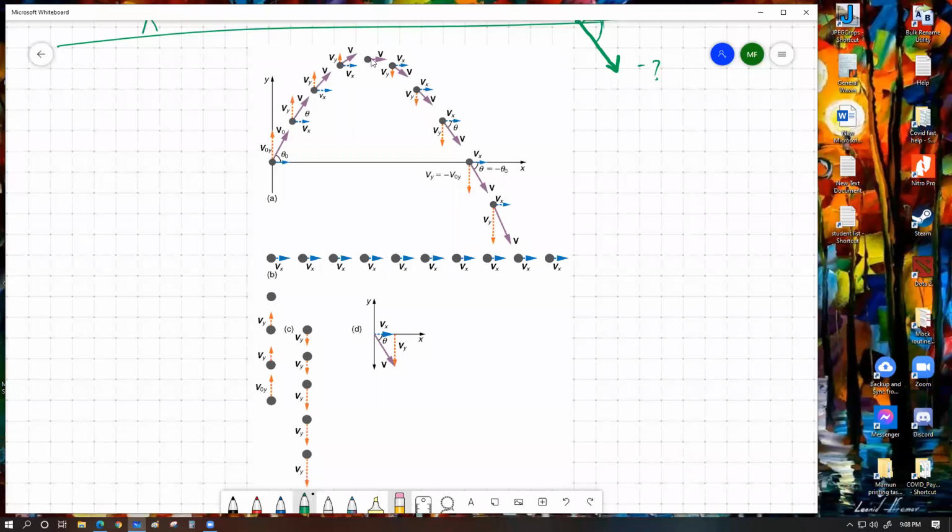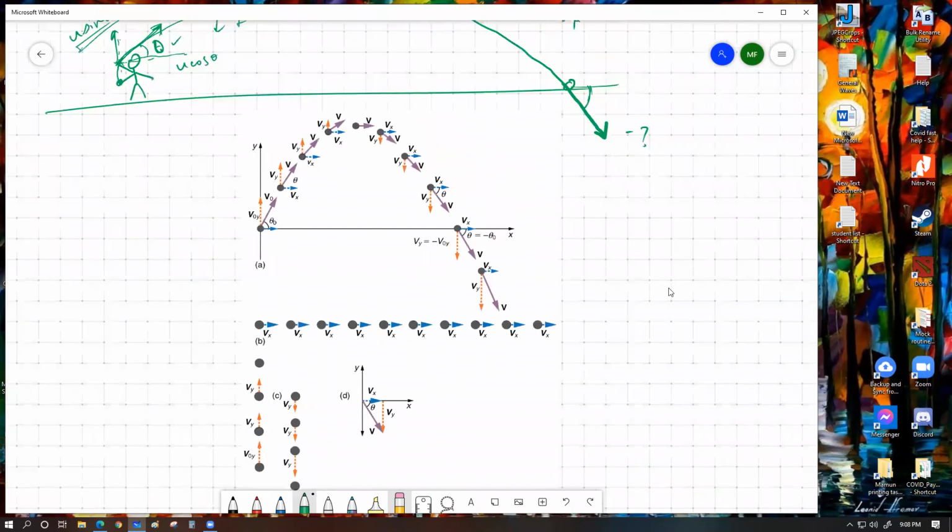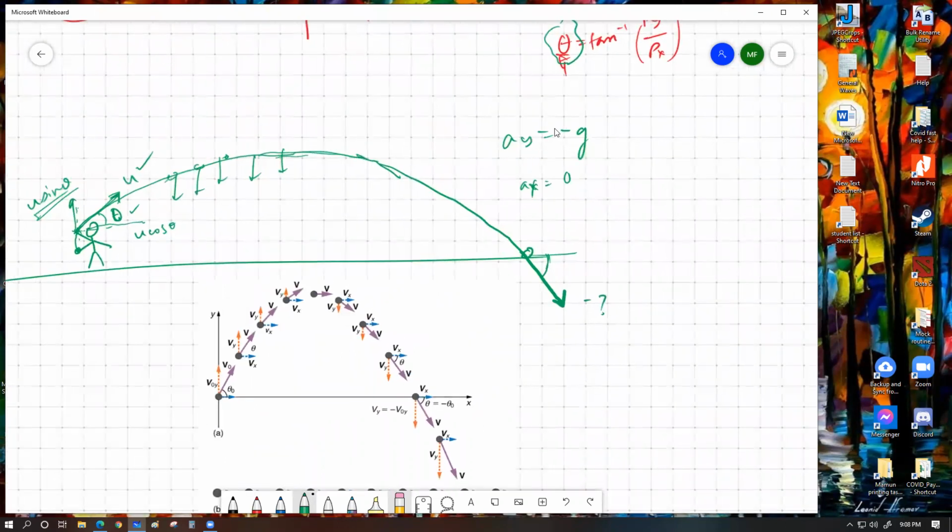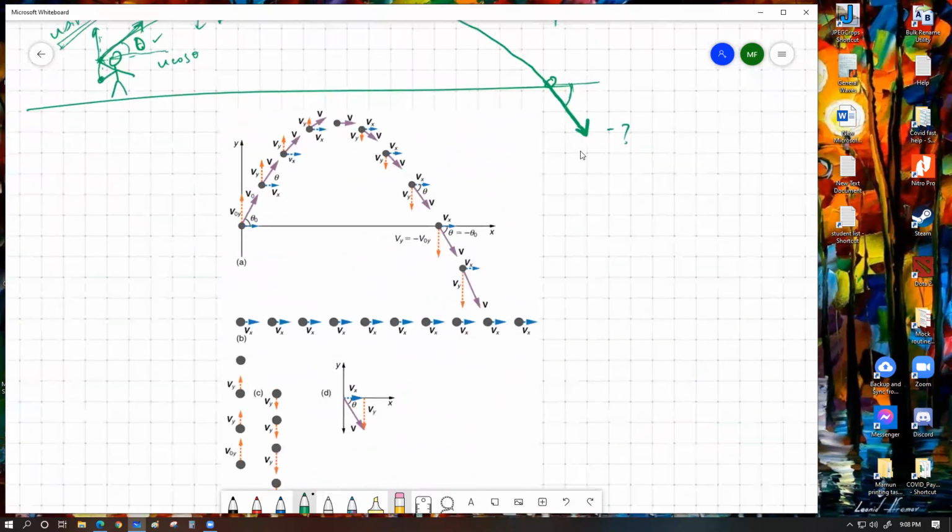So this is the point where vertical velocity has become 0. If you wonder why vertical velocity becomes 0, the answer is very simple: vertical velocity is affected by the negative acceleration of g. I wrote vertical acceleration equals minus g. So g is basically eating up, or let's say reducing, this orange arrow length at 9.8 meters per second squared.